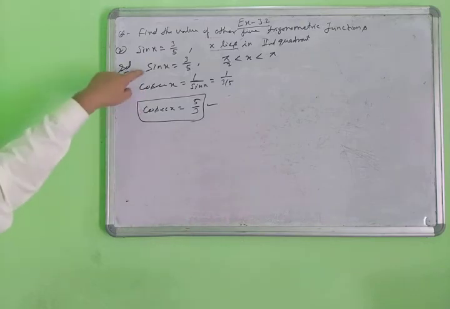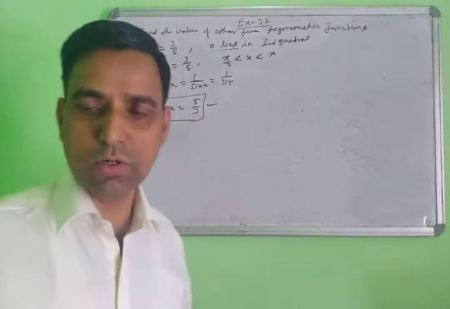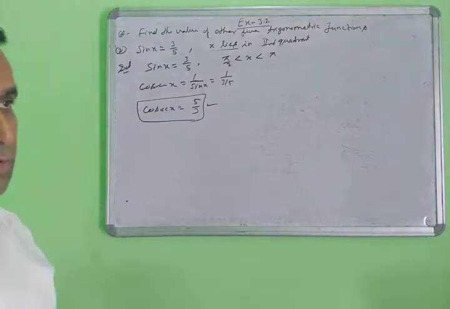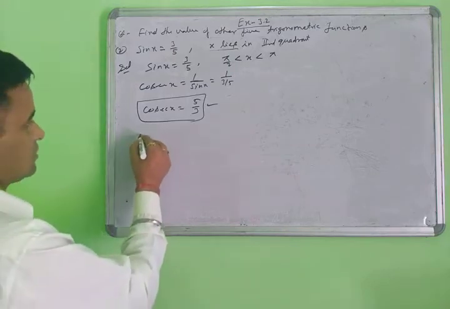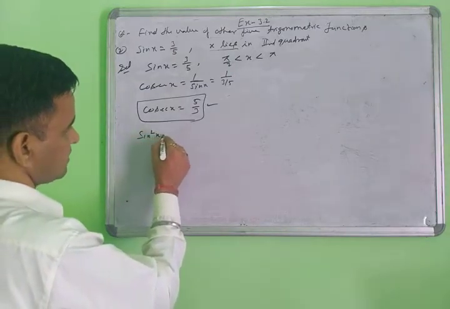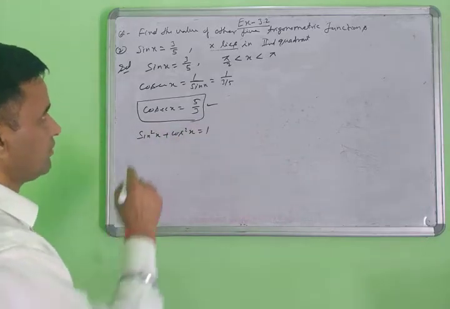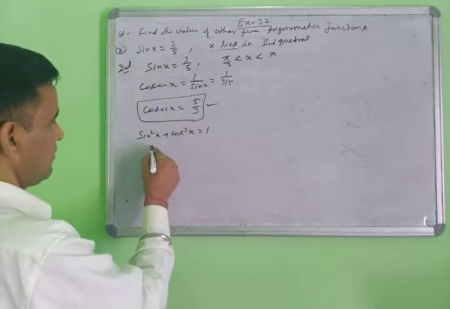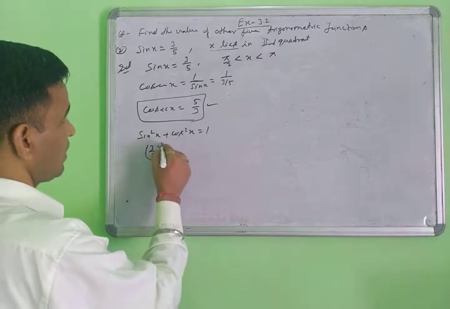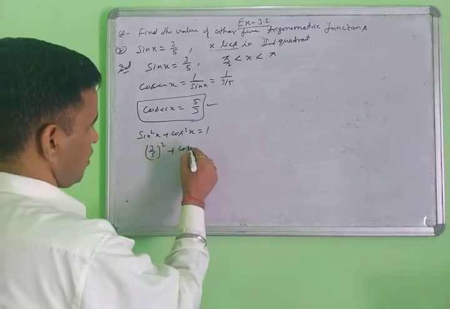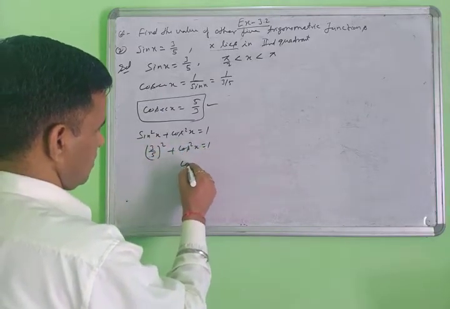Second, same thing using sin square x plus cos square x equal to 1, then find the value of cos x. Sin square x plus cos square x equal to 1. What value of sin x here? 3/5. What is the square of this? Plus cos square x equal to 1.